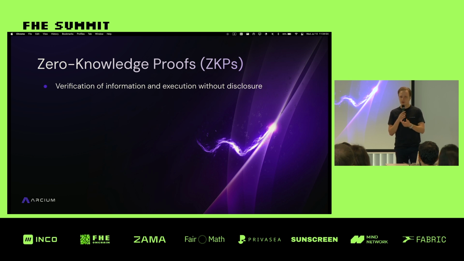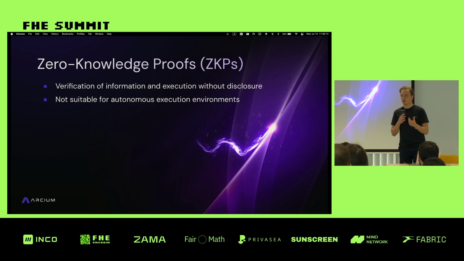So essentially the verification of information and execution over that information without disclosure, really is that we want to have this notion of execution over secrets in a different environment than where the secret originally came from. So the owner should not have to run those executions. We want autonomous execution. And for this, those primitives are not suitable as this core technology. I mean, zero-knowledge proofs are part of almost all cryptographic protocols, but really as this core technology, those really don't make sense.